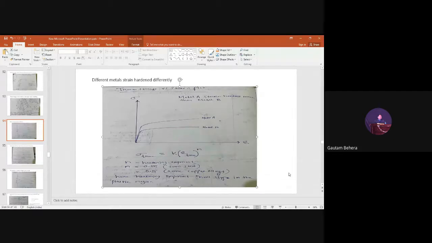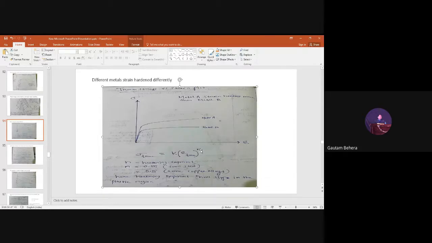So all of you might have a good knowledge of this equation. True stress is equal to K. This is a relationship between the true stress and true strain, like this: sigma true is equal to K epsilon true to the power n, where n is the hardening exponent, right?